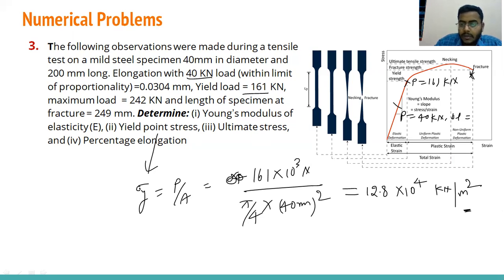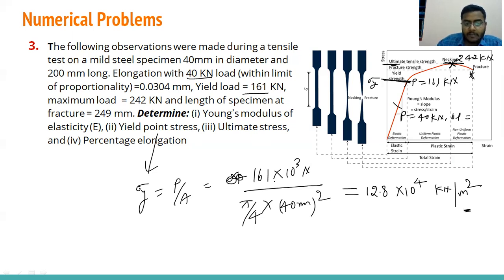Not this point, this point. This is the maximum load, maximum stress. At this point load is given 242 kilonewton, right? So if we are going to calculate a stress at this point, we will use the load at this point.